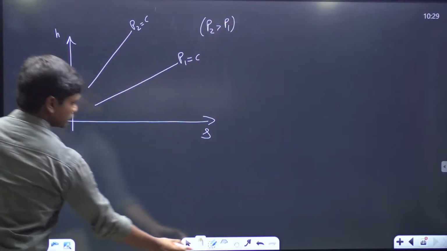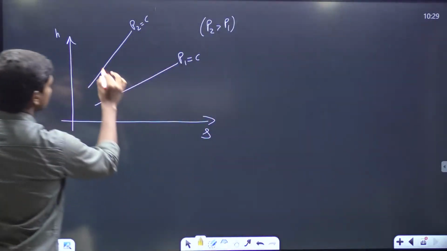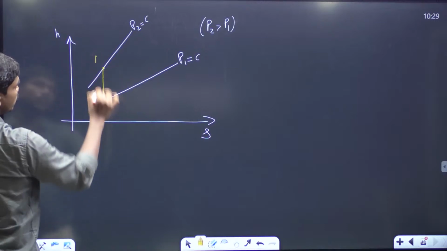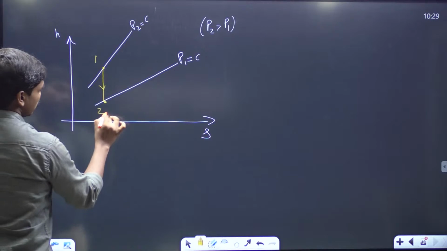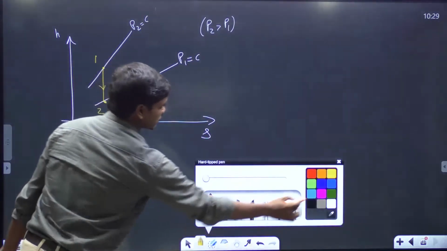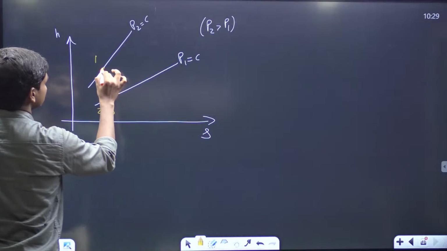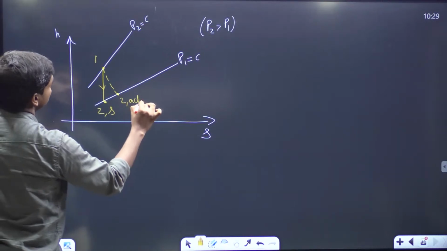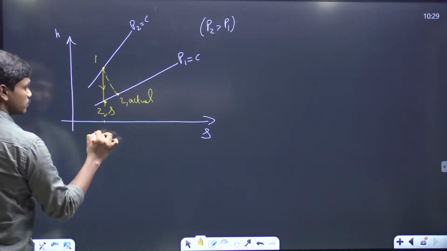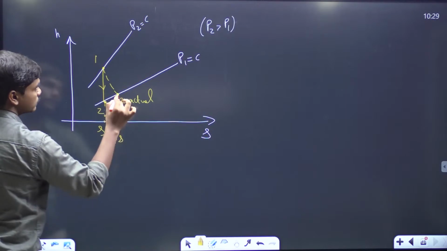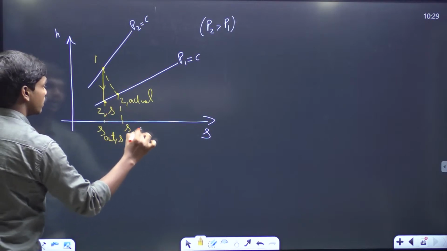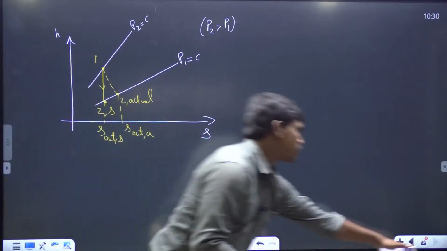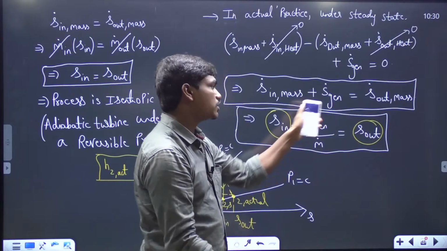Okay, so from 1 to 2, the isentropic process will look something like this, a vertical line, correct? So 1 to 2, this is the isentropic process. Next, the actual process will go something like this, to 2 actual, because if you see the entropy S out in the actual case, S out in the actual case has to be more when compared to the isentropic case, because of this term, S dot generation by M dot.